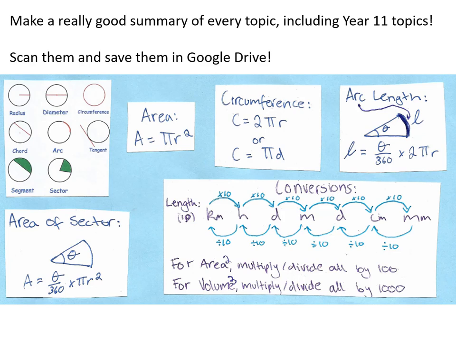Best way to do it is to make notes like this, cut them out, arrange them onto an A4 page, stick them down, and then scan it and save it in a place like Google Drive so that you could access that information anytime 24/7 rather than doing the scrolling wheel of death back through your textbook or the flick, flick, flick through your notes trying to find something you wrote 12 months ago.